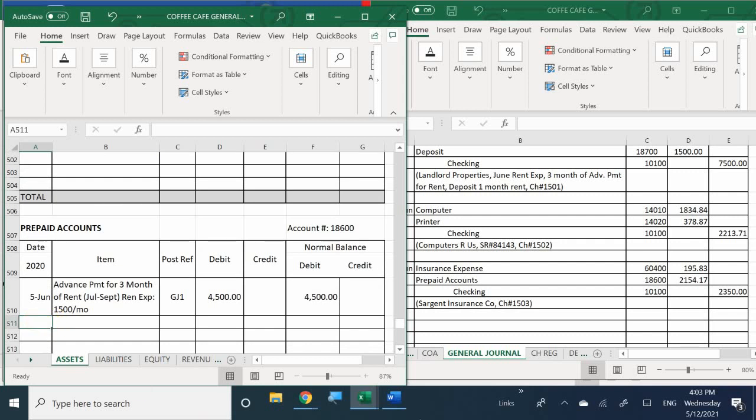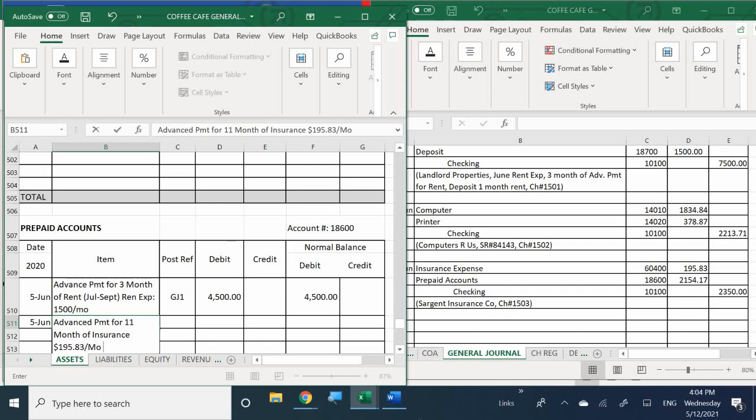What am I going to make a note here? All right, 6/5. I can say advanced payment for 11 months of insurance. Okay, and then I could say it's going to cost me $195.83 per month.